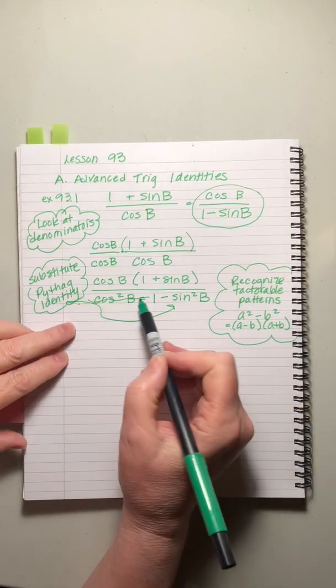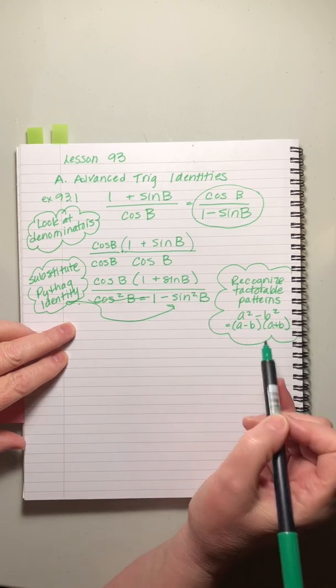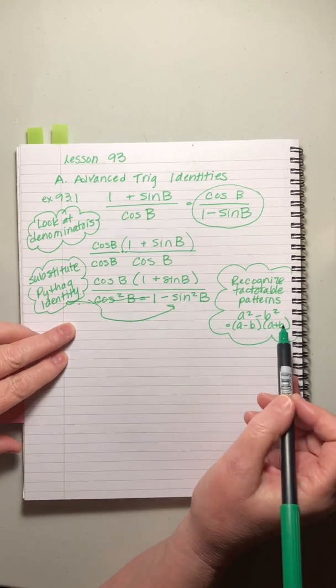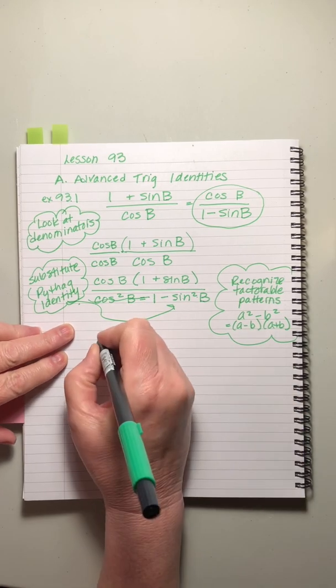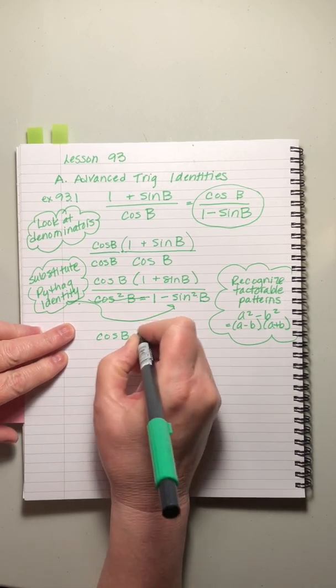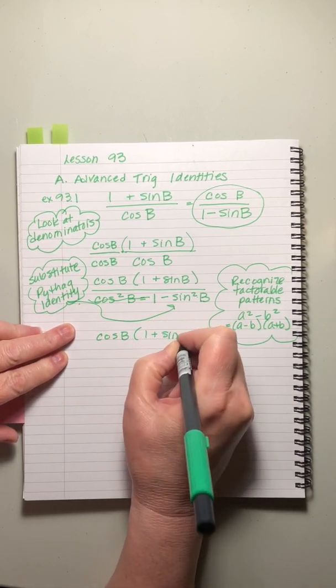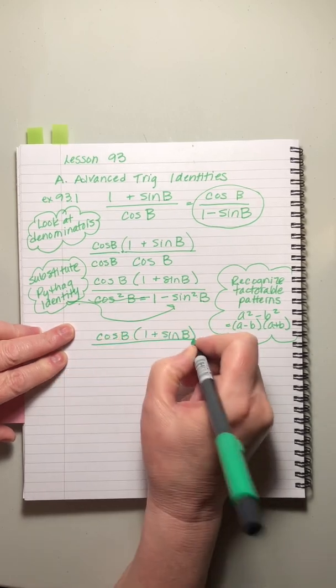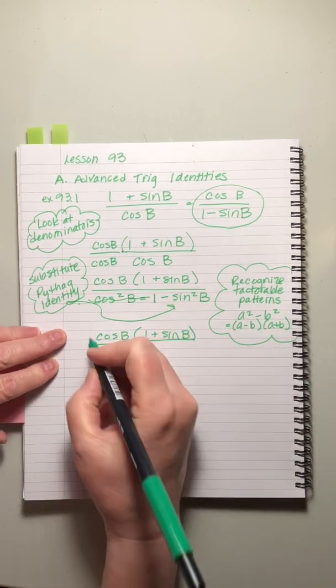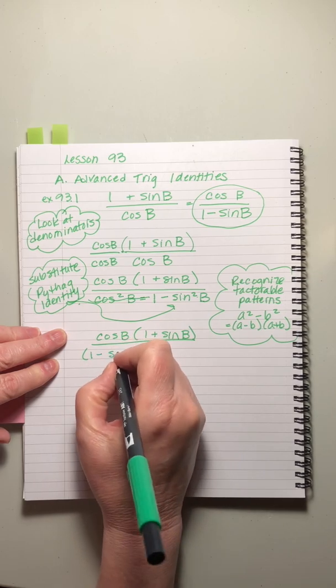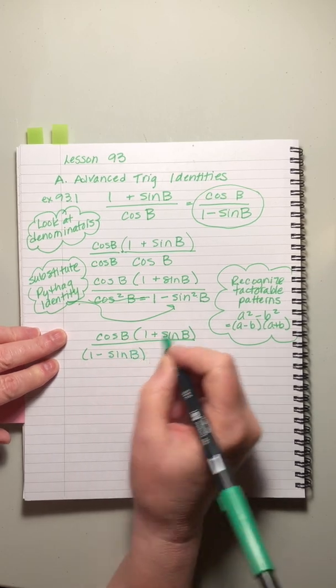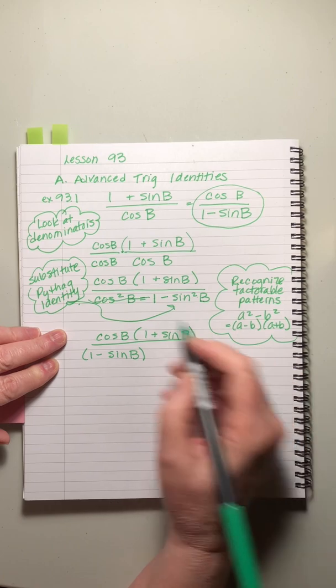So now I recognize that this is a difference of 2 perfect squares. I'm going to factor it like this. Top stays the same. And then I'm going to use this pattern to rewrite this. So it's going to be 1 minus the sine of b, not squared anymore, right? Because we break it down.